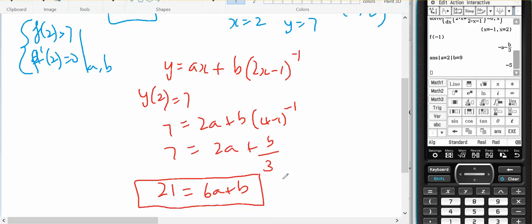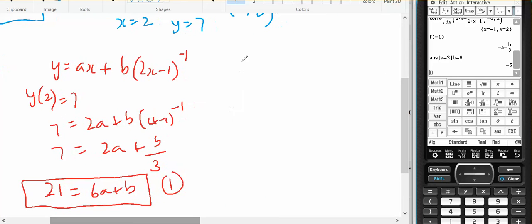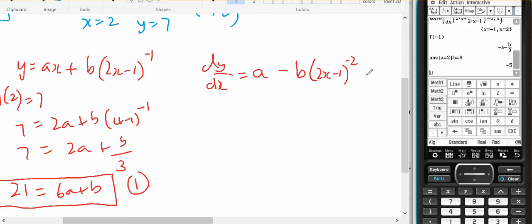That's equation number 1. I need to take the derivative. So dy/dx will equal a minus b, because the -1 will come down, (2x minus 1) to the -2, times the derivative of the inside, which is 2. So a minus 2b on (2x minus 1) squared.